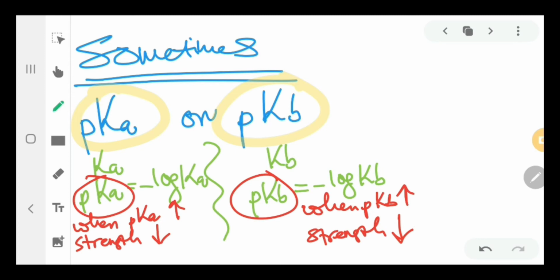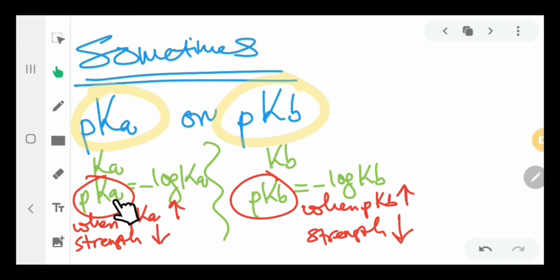So it's the opposite. When you have the value of pKa or pKb given to you instead of Ka and Kb, the relationship between the strength of the weak acids and the weak base will be the opposites. If you have a bigger pKa for a certain weak acid, that means the strength of the weak acid will be smaller.